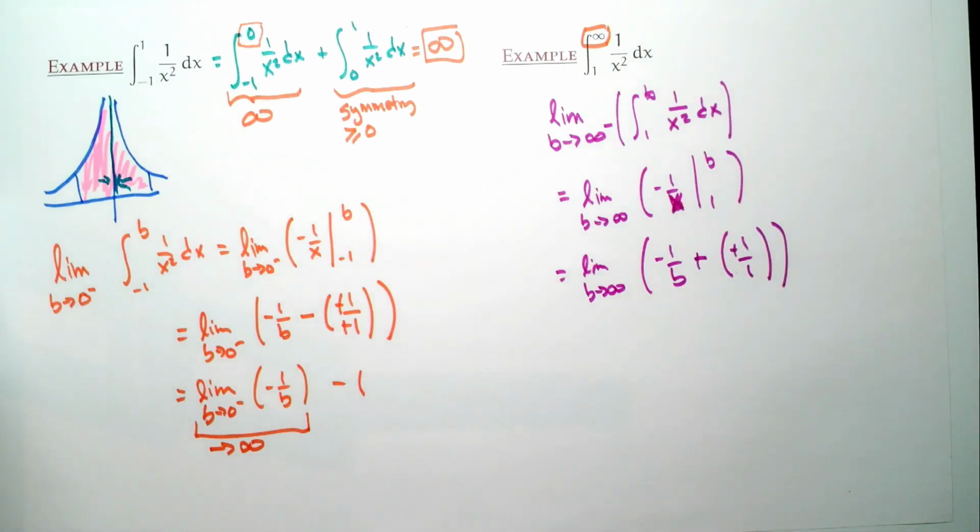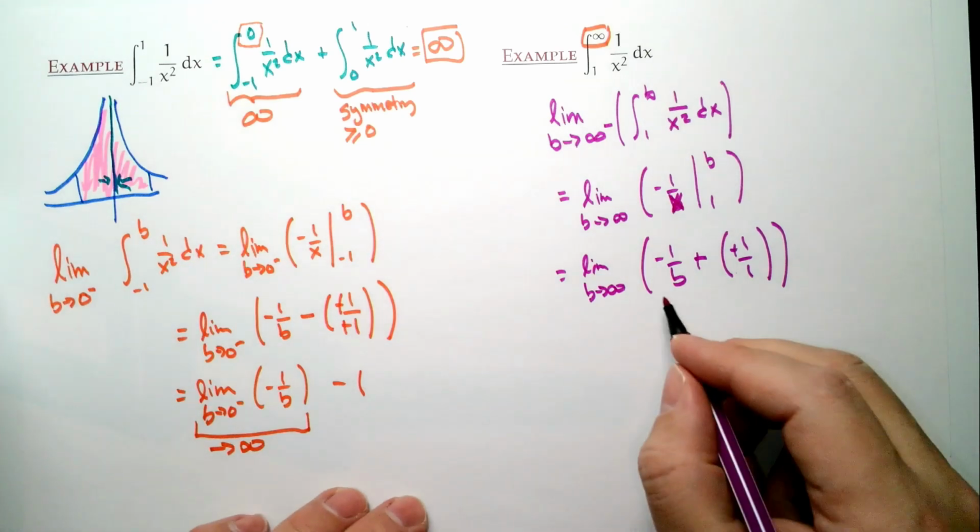And now we ask a similar question as we did before, but now it's a different phrasing. So now we have b getting really big. B is getting big, a huge positive number, and bigger. What's happening to that minus 1 over b? Getting smaller and smaller, goes to 0.